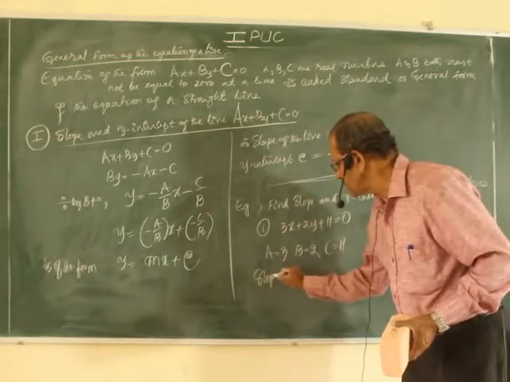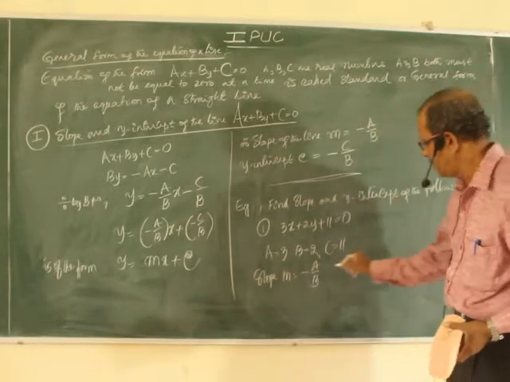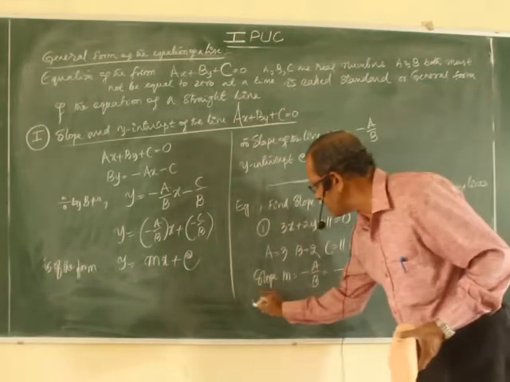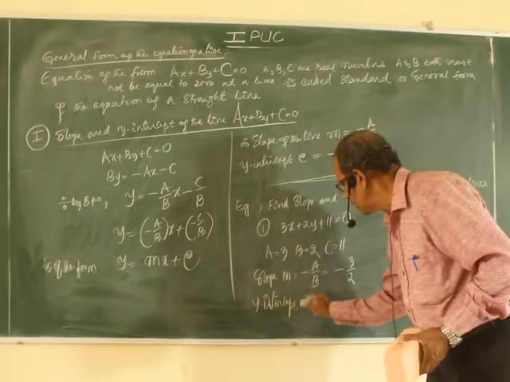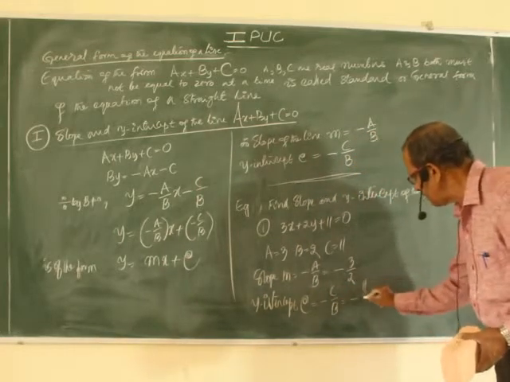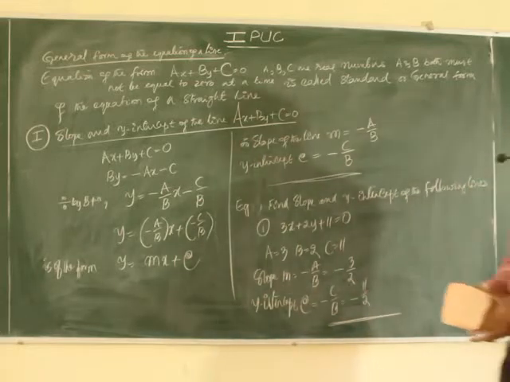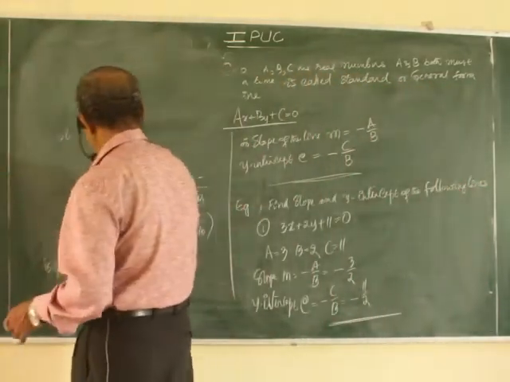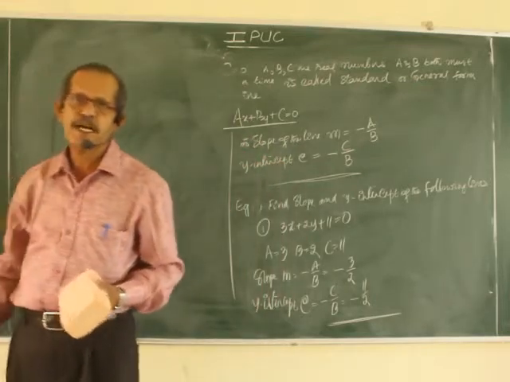Slope m equal to minus a by b, formula minus a by b, minus 3 by 2. Y-intercept c equal to minus C by B, minus 11 by 2. Decide the values of capital A, capital B, capital C. Then write m and c, that's all.